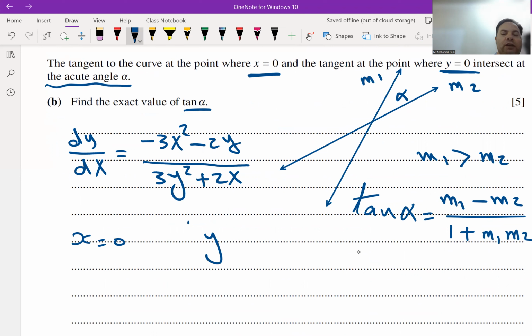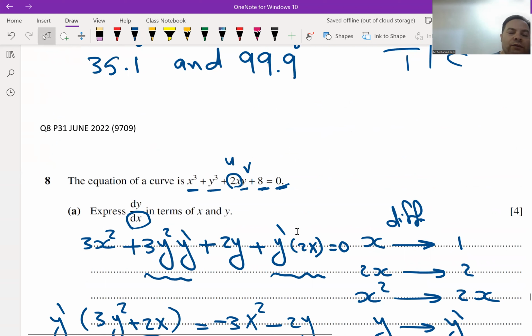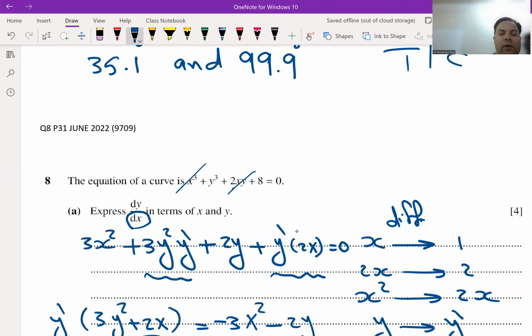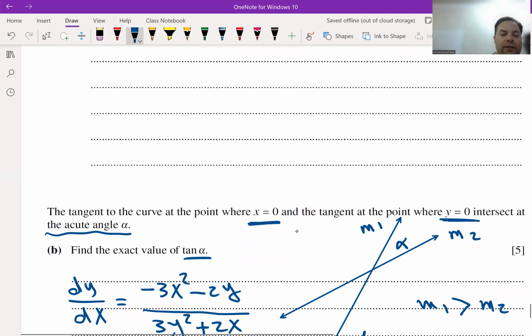You have to substitute in the original equation. Remove x and write 0. When x equals 0, y cubed plus 8 equals 0, so y cubed equals minus 8. By taking the cubic root, y will be negative 2. So the first point is 0 and negative 2.